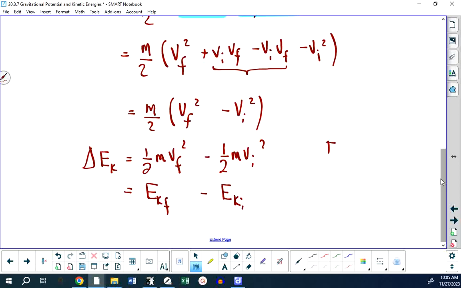That must mean that you can calculate kinetic energy using 1/2 mv squared. This is certainly not something you would have done in Science 10, right? You would never have been explained why that formula exists, but that's why.